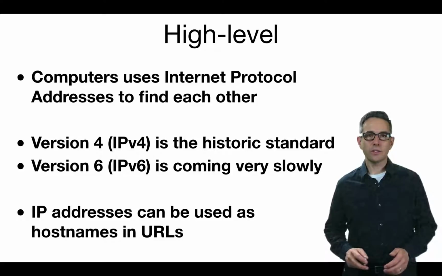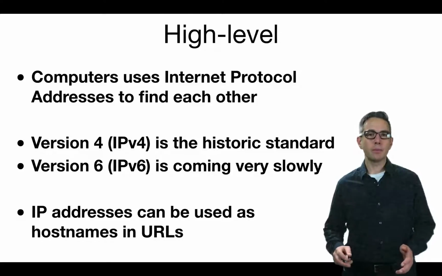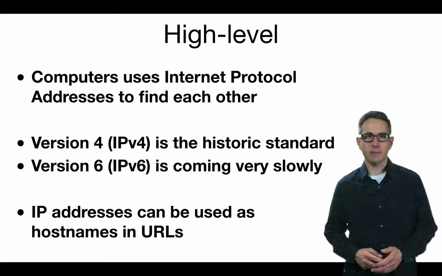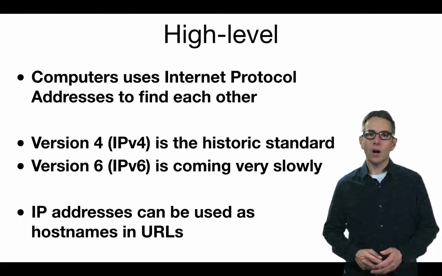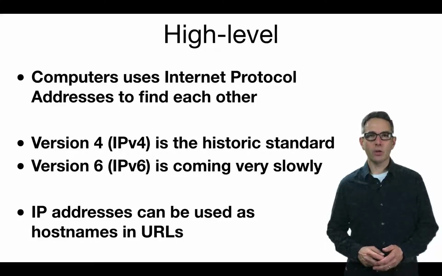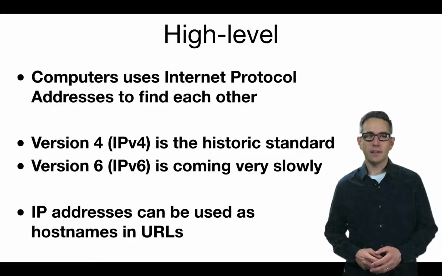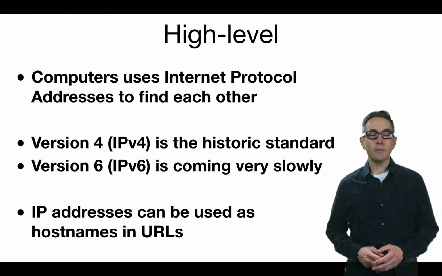It's widely used across the Internet. It is probably the predominant addressing scheme that's used at the current time, although version 6, or IPv6, is transitioning very slowly to take IPv4's place. IP addresses can be used as host names in URLs in many cases.